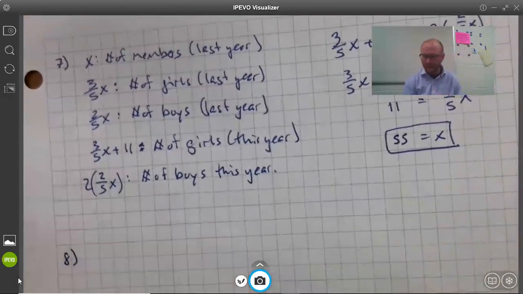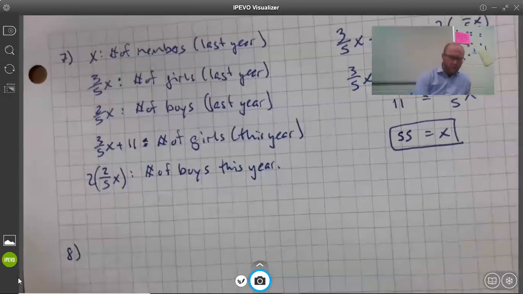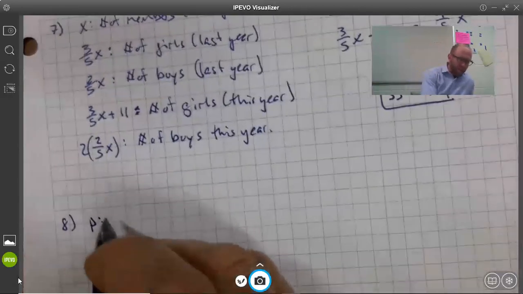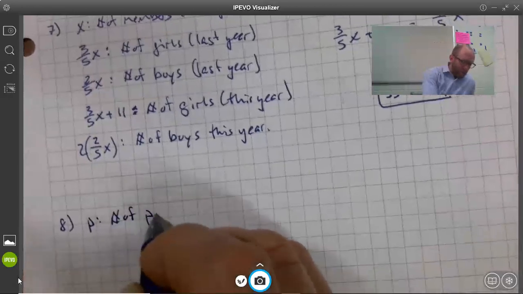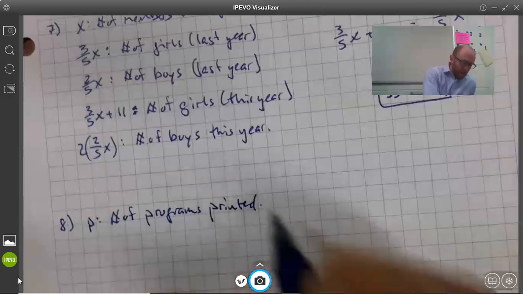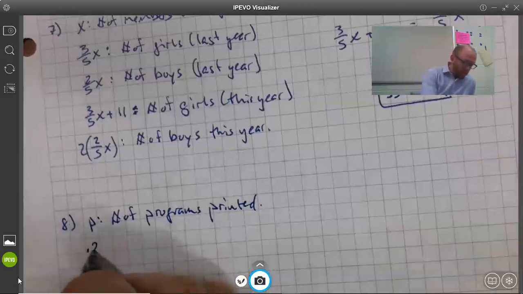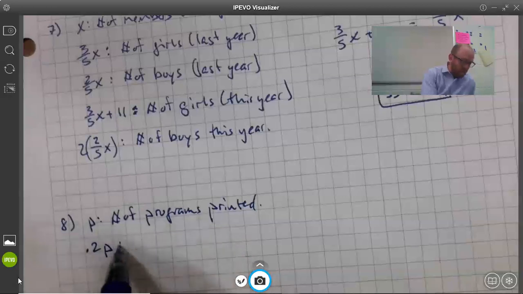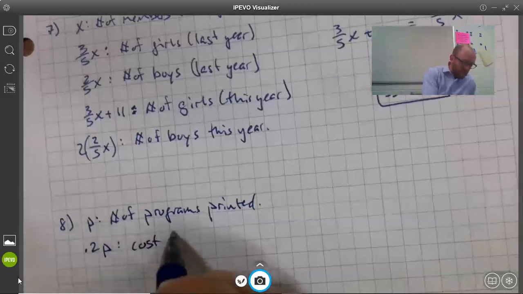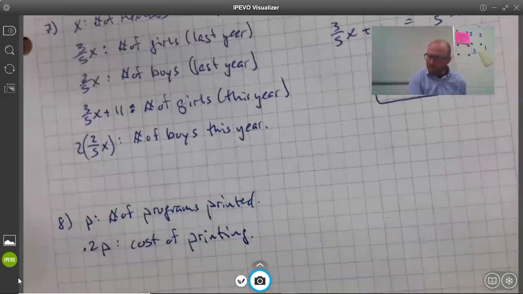Let's see. Cass decided to sell programs. Okay. Trying to figure out the number of programs printed. So P, we'll call that the number of programs printed. We've got cost. So this is 0.2, 20 cents times P is the cost of printing.